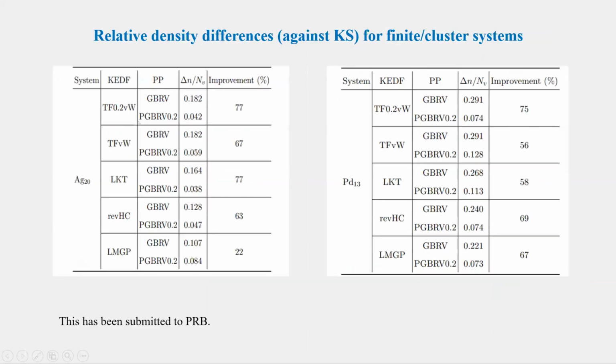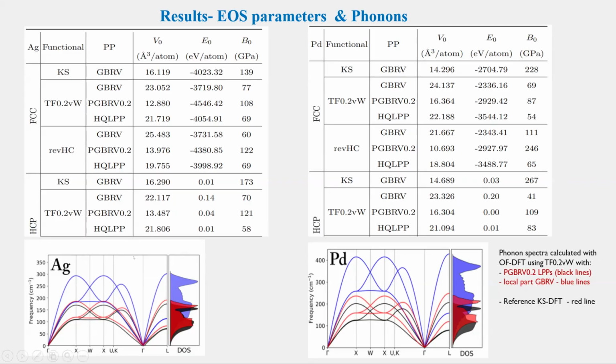We did a calculation for the phonon. The blue lines show the phonon from the Kohn-Sham local pseudopotential, the red line shows the reference, that is the phonon from Kohn-Sham, and the black line is the new method.